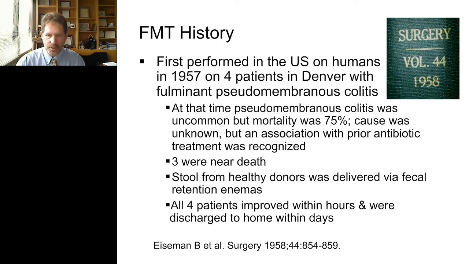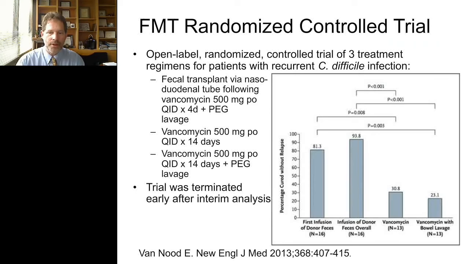So if you flash forward, it was over 50 years before we got the first real randomized controlled trial of this approach to treat recurrent C. diff infection. And this graph is from the van Nood study in the New England Journal of Medicine, a very influential study that brought, I think, FMT from being sporadically offered in different centers to a more widespread practice for the treatment of recurrent C. diff infection.